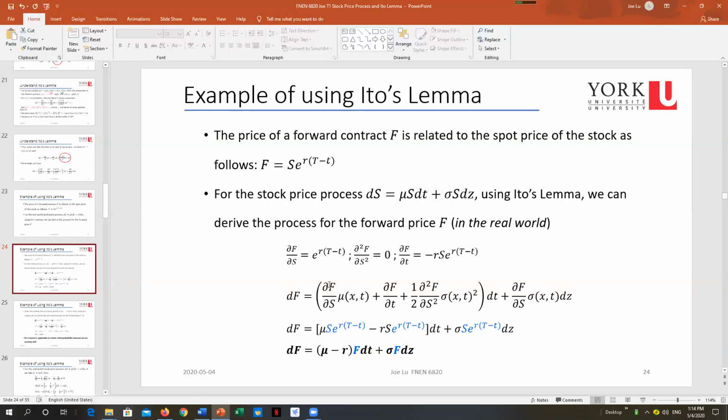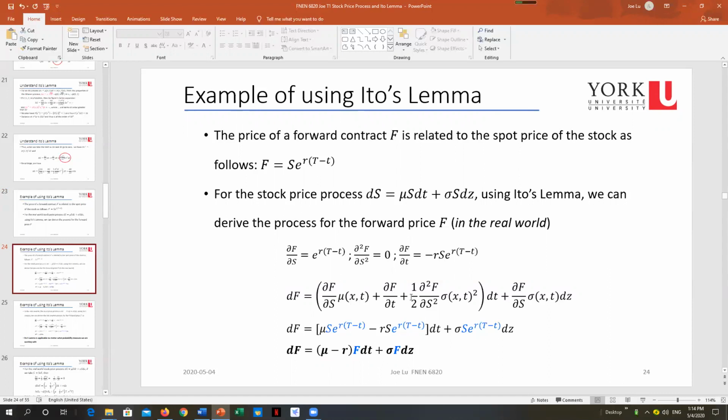So dF then is dF/dS times mu S, which is the drift function, mu times S, which is this part here.